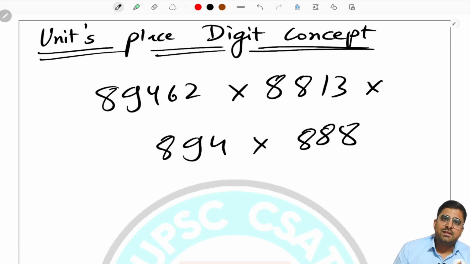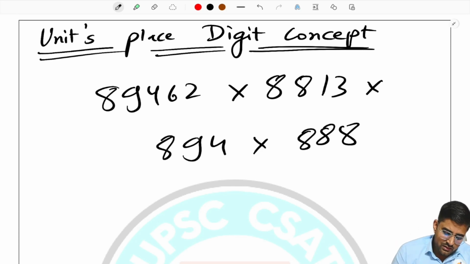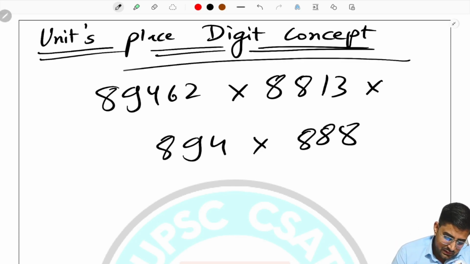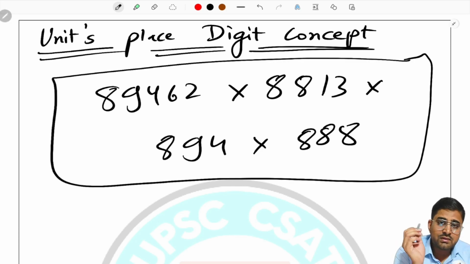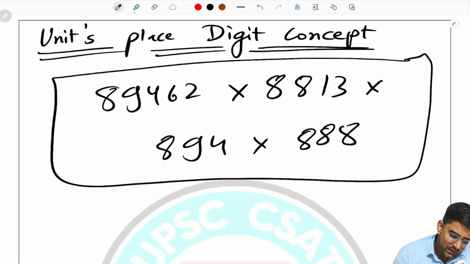Any random number is there. Now you are going to multiply them. Is it possible to multiply these numbers without a calculator, or is it necessary to multiply them? Is that logical? No.